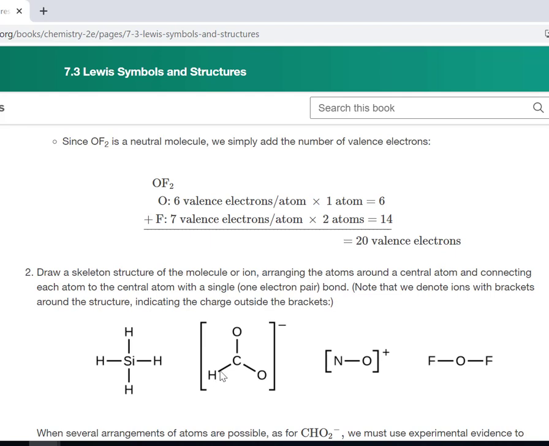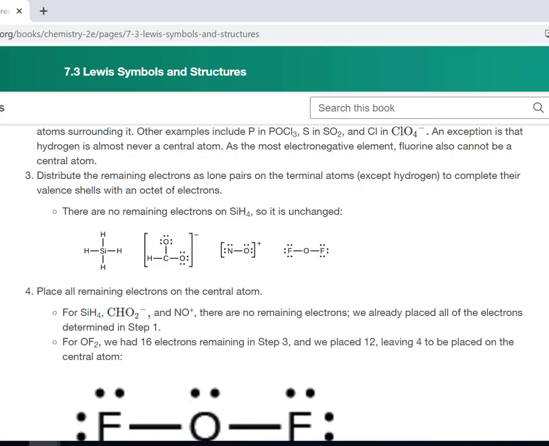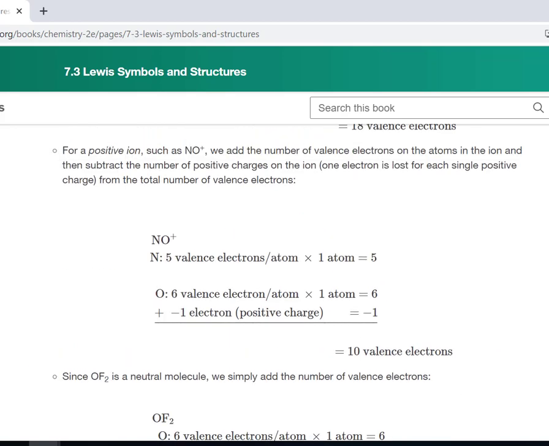Here you'll notice we have more than one type of atom connected to the central atom, so that can happen. But in each case, we have one thing in the middle and everything else connected to it. We don't have a long string of things connected away from the first one. Everything is connected to one thing in the middle.